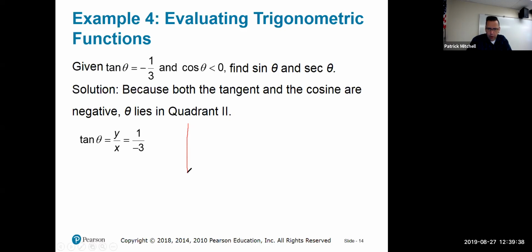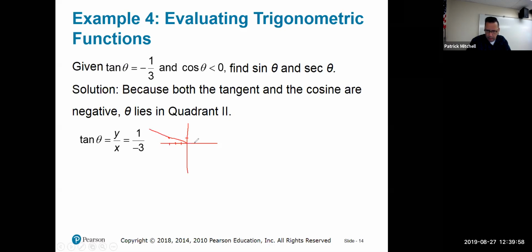So it says we're talking about the point -3, 1, right? So -3, 1 is over in quadrant 2, isn't it? Okay. So my angle theta must look something like this.